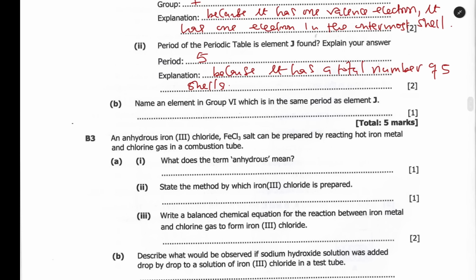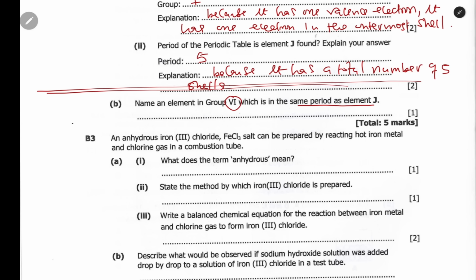Let us go to the next question. Name an element in group 7 which is in the same period as element J. You go on the periodic table and move in the same period. Period 5, so you draw a line in period 5.